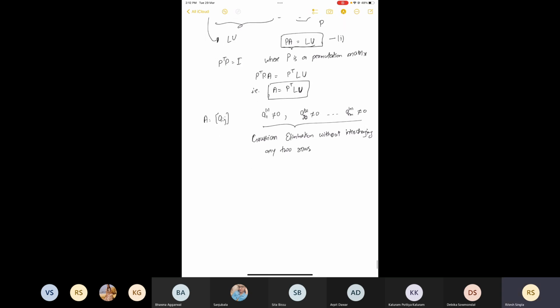Because what do we need to do in order to apply Gaussian elimination? We need to have these things with us and so on, right? Does this make sense? Yes, sir.